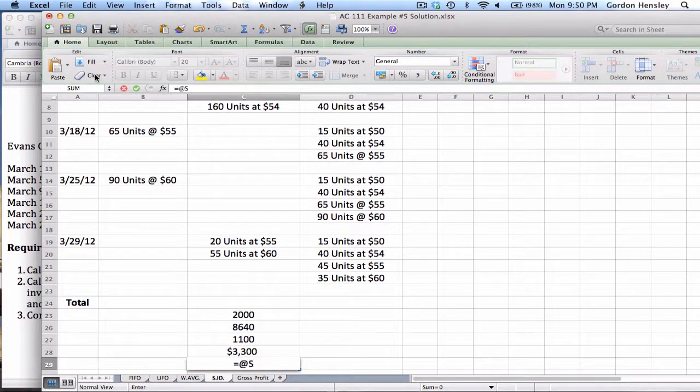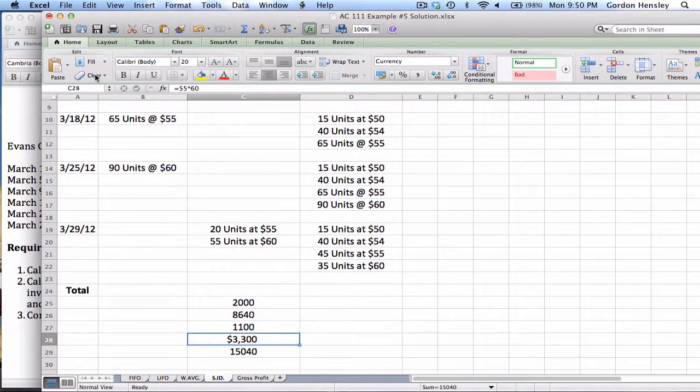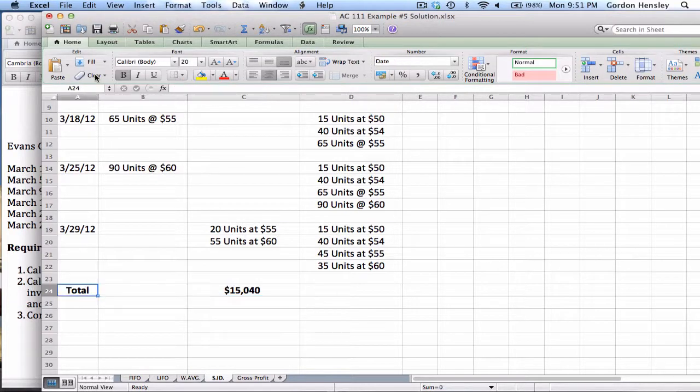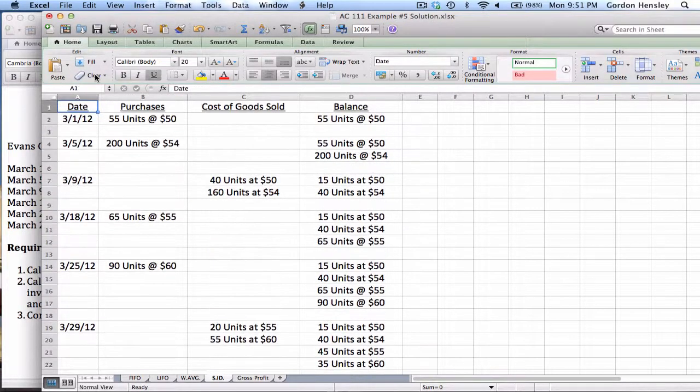And then I can just simply total all of these, and I get a total of $15,040. So that means if I would use specific identification, assuming the information that they provided me, they would have a cost of goods sold of $15,040. So that completes part 2.